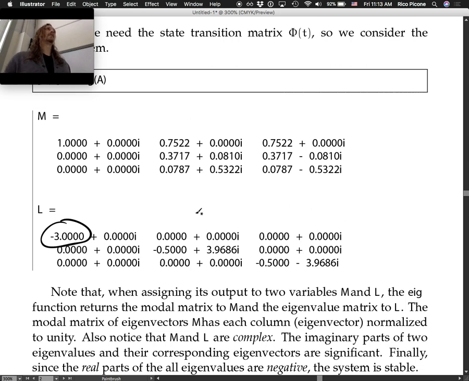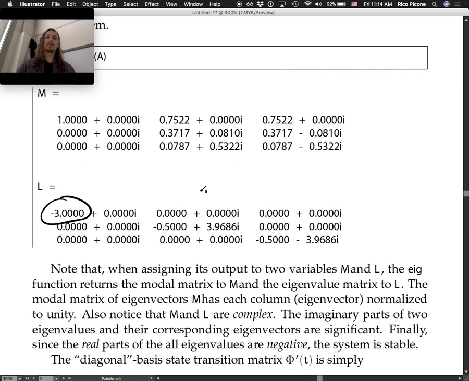These eigenvectors are all unit vectors. And that's just MATLAB's standard way of normalizing them. Remember, we can scale these by anything we want. This could be 17. You could multiply this whole thing by 26, and it would still be an eigenvector. So that's something to keep in mind.